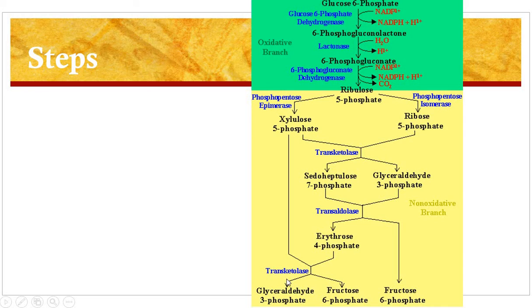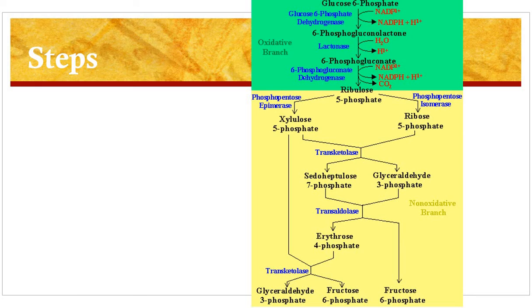2 molecules of glyceraldehyde 3-phosphate are formed in this step, which are condensed to form 1 fructose 6-phosphate, and here also there is production of fructose 6-phosphate. So in total there is a production of 5 fructose 6-phosphate molecules, 2 from here, 2 from here, and 1 from the condensation of the glyceraldehyde 3-phosphate.